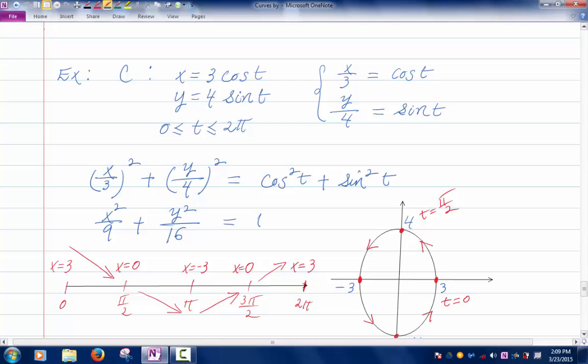Now, based on this, I can decide how the ellipse is expanded over the x-axis. You have 9 below x squared. So what's the root of 9? The root of 9 is plus or minus 3. So you know that the ellipse is going to extend from negative 3 to positive 3 along the x-axis.